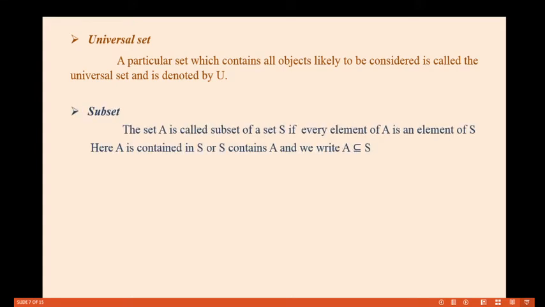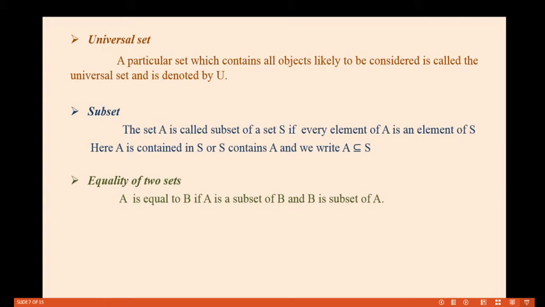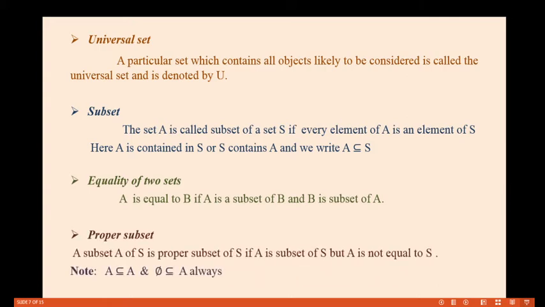Subset. The set A is called a subset of set S if every element of A is also an element of S. So A is contained in S or S contains A, and we write it as A subset of S. Equality of two sets. If A is a subset of B and B is a subset of A, then we call it A is equal to B. Proper subset.